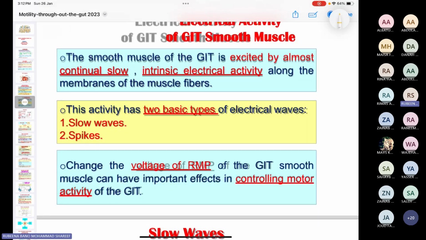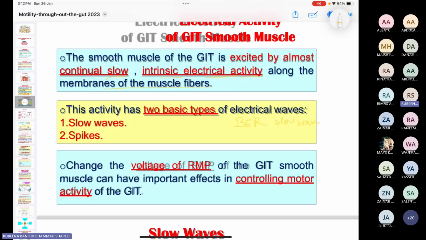The smooth muscle of the gastrointestinal tract is excited by almost continual slow intrinsic electrical activity along the membranes of the muscles. What they mean to say is that there is a basal electrical rhythm which is also called slow waves.